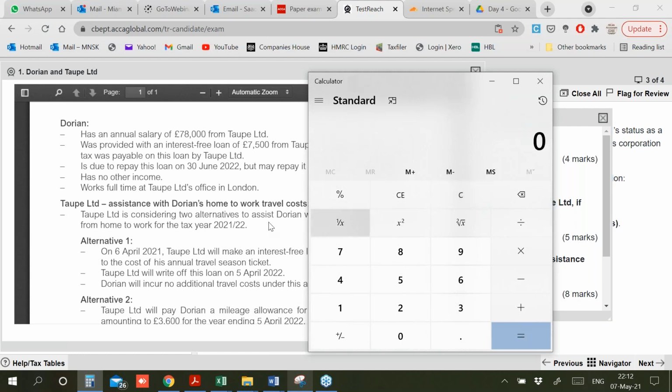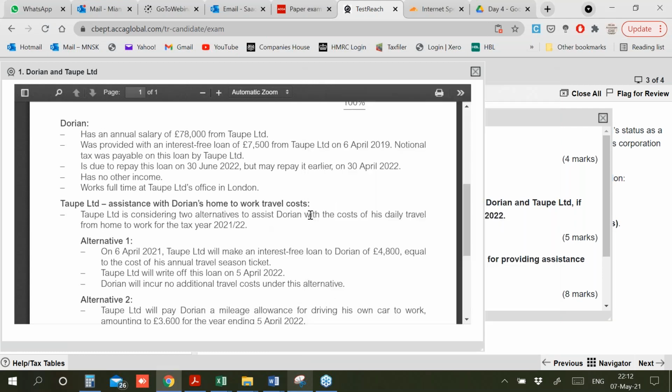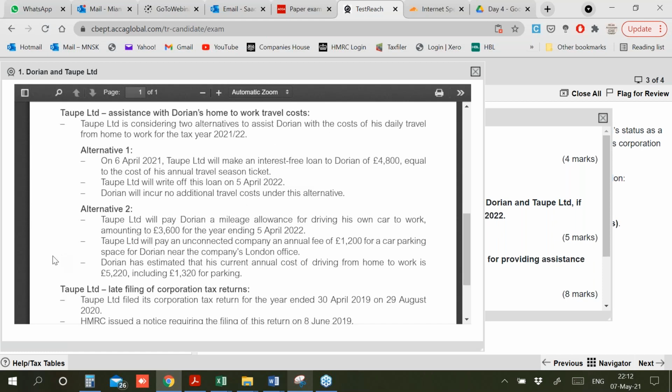Now, if he accepts the second alternative, that is T Limited will pay D a mileage allowance for driving his own car to work amounting to 3600. T Limited will pay an unconnected company an annual fee of 1200 for a parking space for Dorian near the company's London office. Do remember that parking fees of an employee near the office is an exempt benefit. So if it pays this amount, it will not add any cost into Dorian's tax liability.